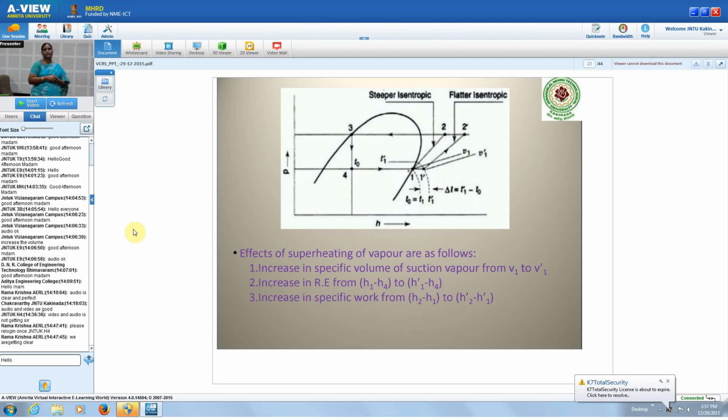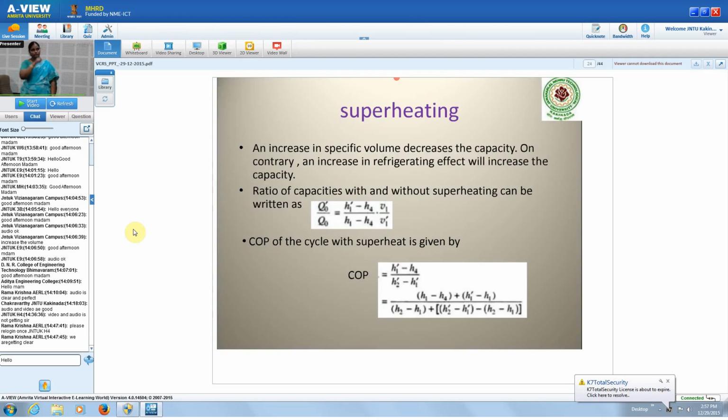So superheating is one method of increasing the coefficient of performance of the vapor compression cycle, provided the increase in the refrigerating effect is more compared with the work input. The same thing is written in terms of the increase in the work input and the increase in the refrigerating effect.